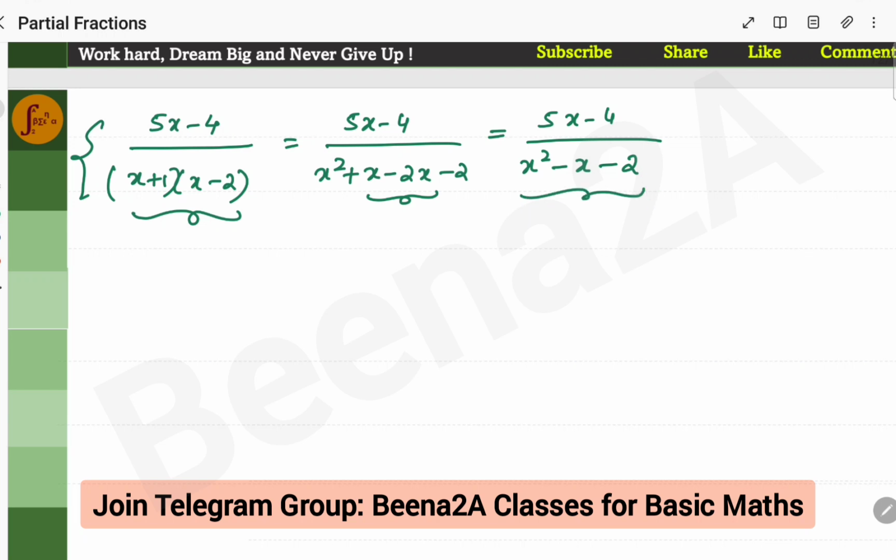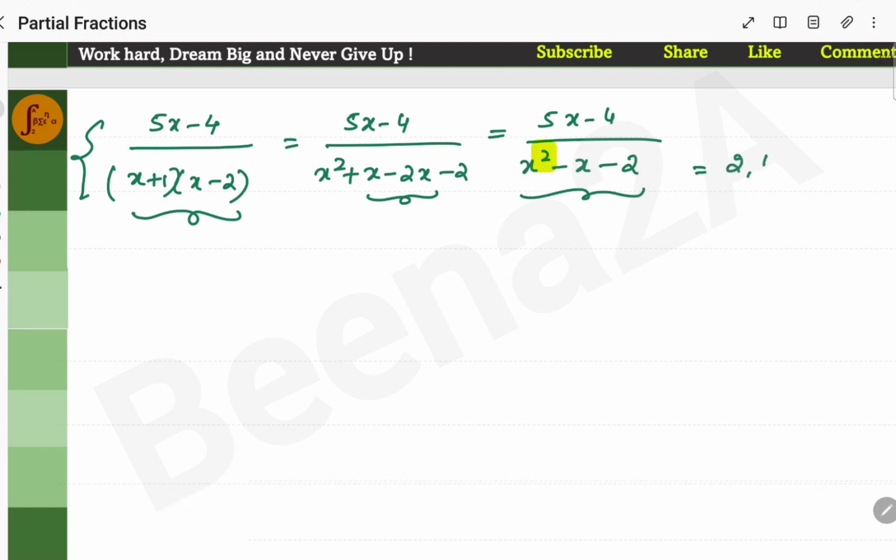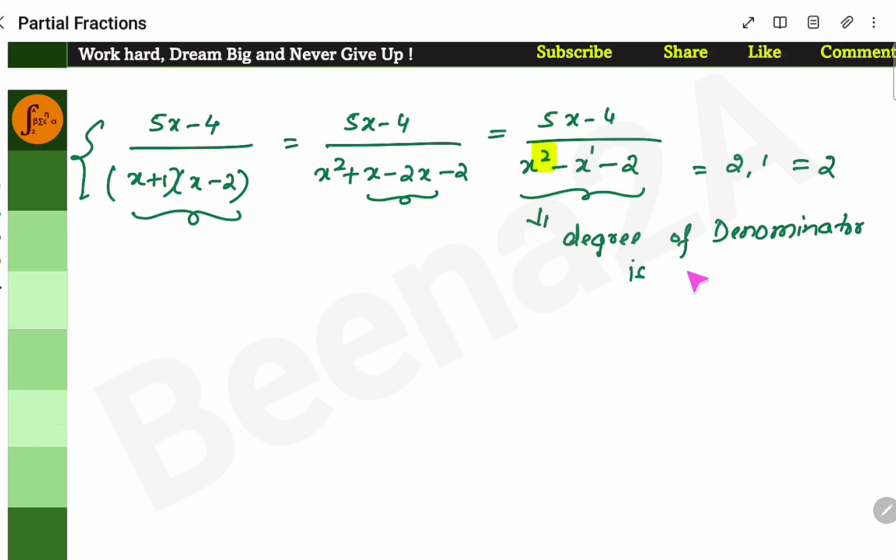Now you look at the degree. What are the powers of this particular equation? You have 2, 1, right? This one is 2. There is nothing here, which means power is 1. Now, what is the greatest power here? It is 2. Therefore, we call degree of denominator equation is 2.